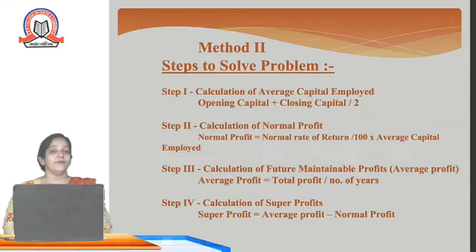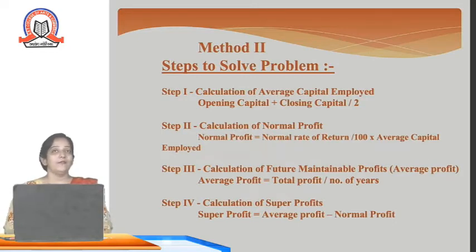Number 1 is to calculate the average capital employed in the business. The formula for calculating average capital may vary depending upon the information given in the question, and there are various formulas relating to the same.